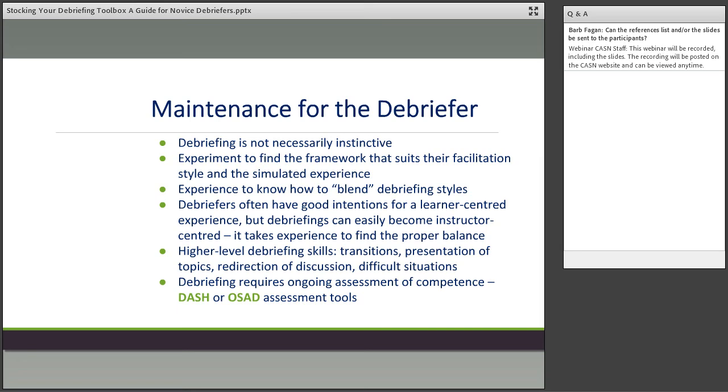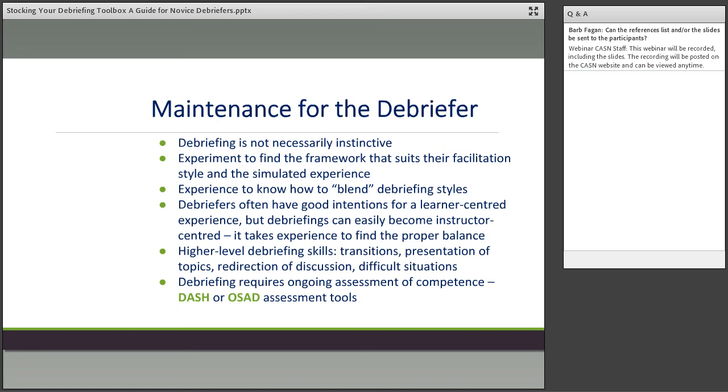This is interesting. We often say we're learner-centered, and there's a great paper that came out last year about learner versus student-centered debriefing, and they said, everybody says they're going to be learner-centered, but a lot of the times people fall off the track and it becomes instructor-centered. And it takes experience to find that balance.